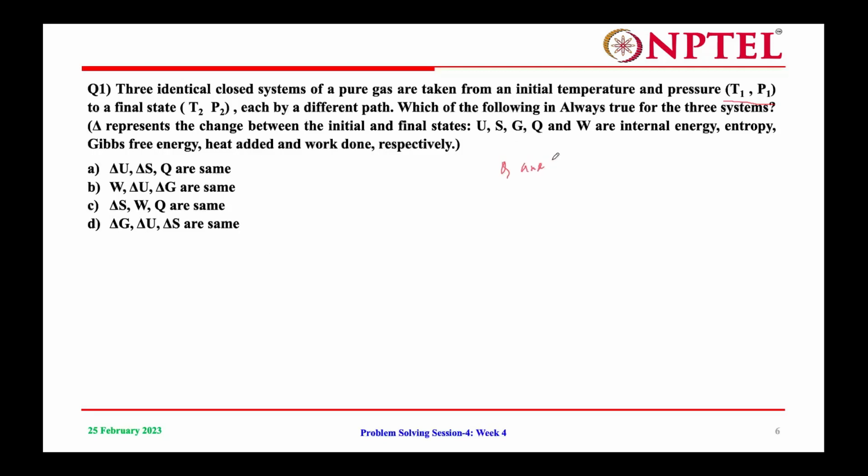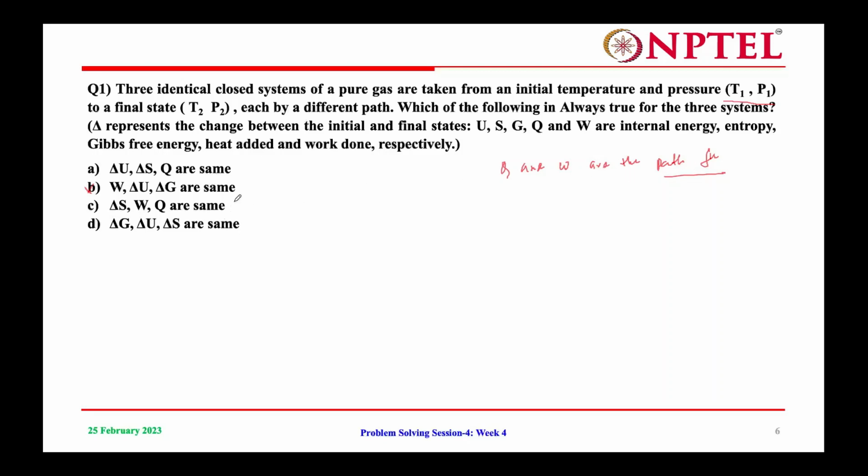Q and W are path functions. Here are three systems. The option would be B? No, wrong, because work done is a path function.